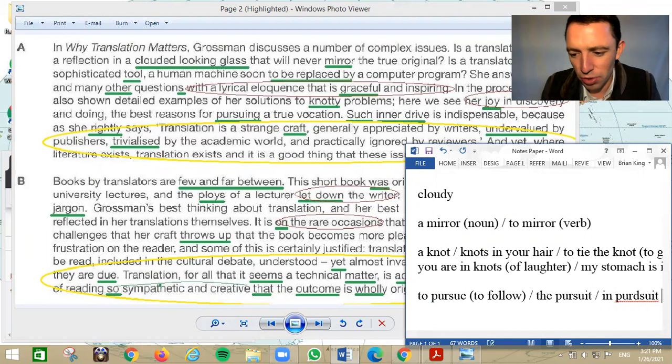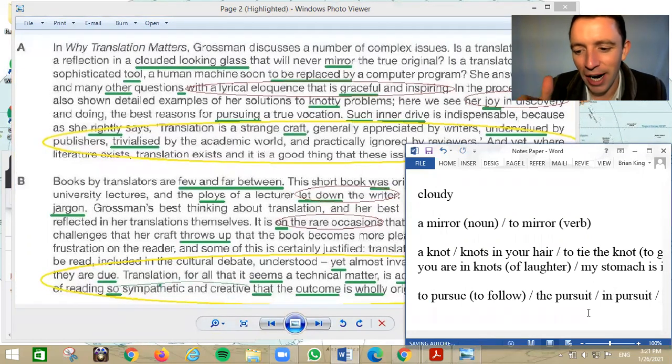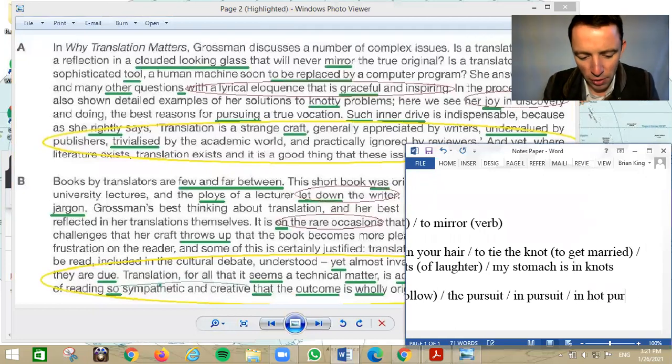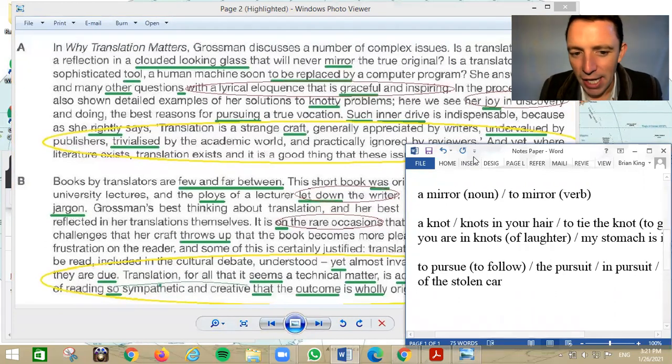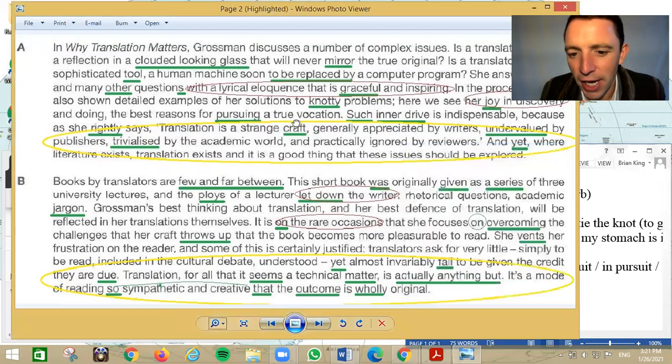You are in pursuit of, okay, and it's typical with the police in the movies. The police chase the car, the police follow the car. So the police are in pursuit, and it's possible in hot pursuit. That's the context for the police chase, okay? So in hot pursuit of the stolen car, for example, okay? And here, pursuing her true vocation, following her true vocation.